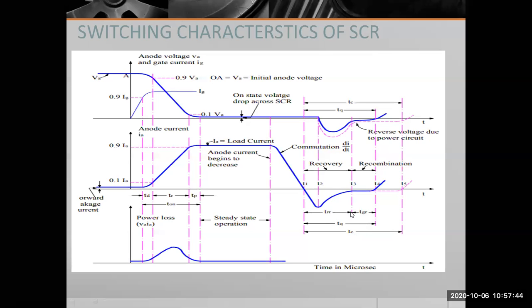In power diodes, if you compare the reverse characteristic, there is no recombination time. Whereas in SCR we have a recombination time, or you can say gate recovery time. That is a major difference comparing the characteristics of power diodes and SCRs.